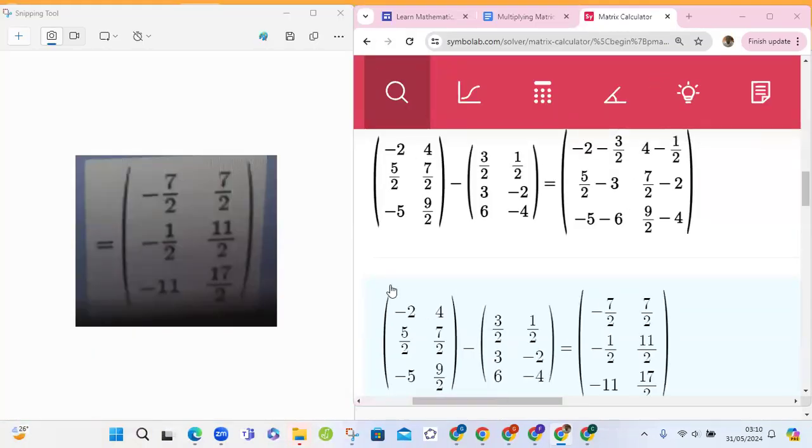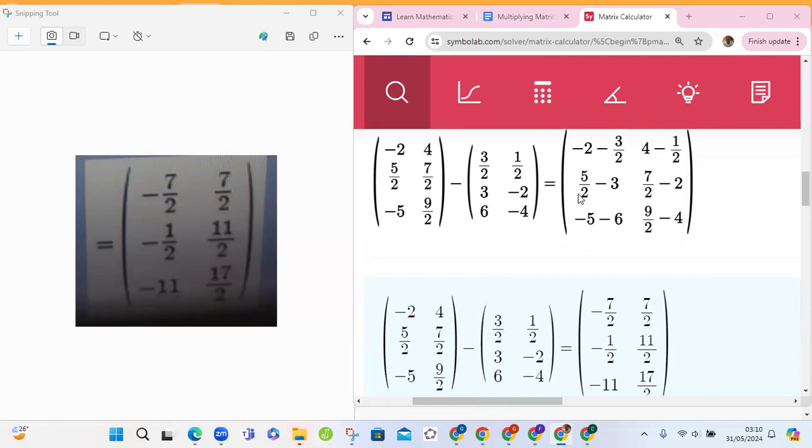As you can see, the solutions match. So you have -7/2, right? -2 subtract 3/2 is -7/2. 4 subtract 1/2 is 3.5. 3.5 is 7/2.